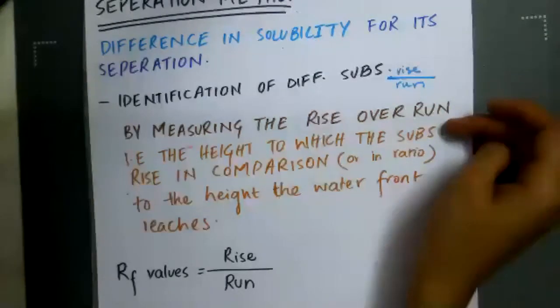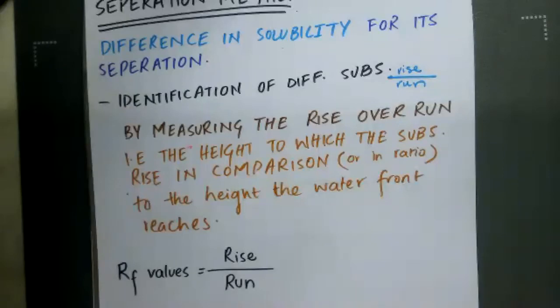So the numerator, the top figure, is the distance that the solute traveled, your colored substance, and the denominator, which is under the fraction bar, is the distance that the water traveled. So that would be the same as the distance between the front line and the datum line. Yes, right. So your denominator will be the distance between the front line and the datum line.